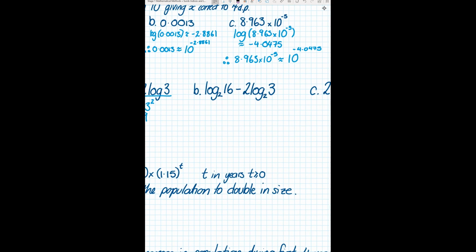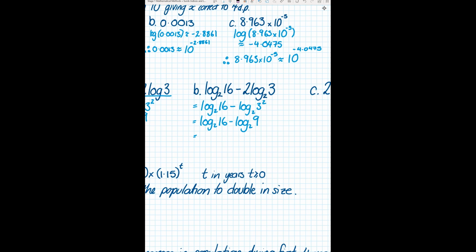Okay, now in part B, we're remembering that if they have the same base numbers, we treat them exactly the same. So the log base 2 of 16 minus 2 times the log base 2 of 3 equals log base 2 of 16 minus the log base 2 of 9.